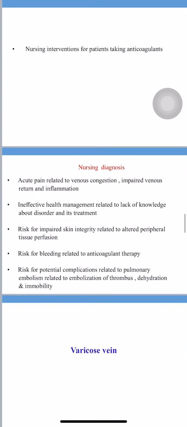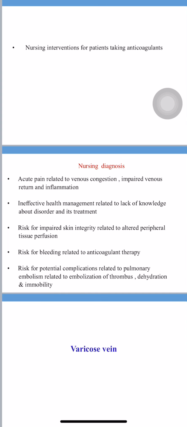Some blood coagulation tests are essential to monitor the drug. The anticoagulant drug should be monitored by using blood coagulation tests. These may include the international normalized ratio, INR, for vitamin K antagonists, and activated partial thromboplastin time.